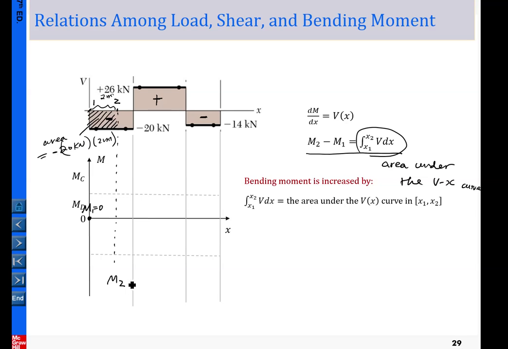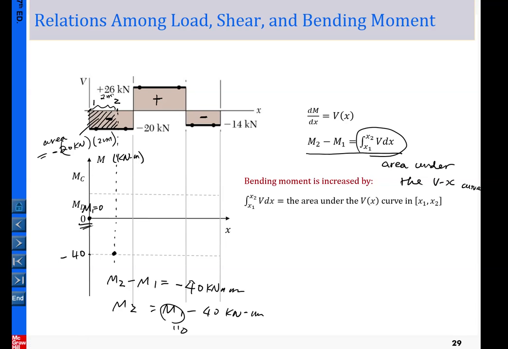Therefore M2 minus M1 equals the area under the curve, which we calculated as minus 40 kilonewton meters. So M2 equals M1 minus 40 kilonewton meters, and M1 equals 0 as we indicated here. So M2 value equals minus 40, in units of kilonewton meters.